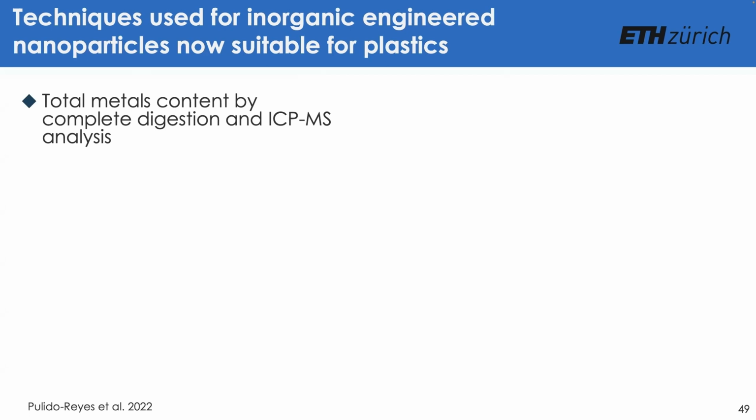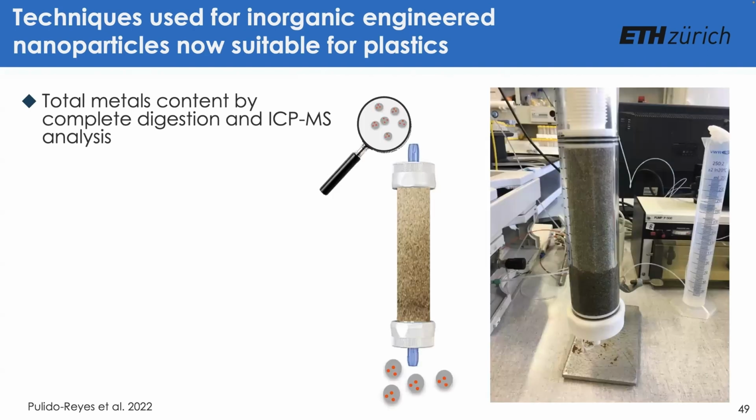To give you a few examples of how this looks in practice, we can look at the total metal content by complete digestion and ICP-MS analysis of our metal-doped plastics. This is how we conduct most of the studies. For example, here we have a column which is mimicking a drinking water stage in a drinking water treatment plant.